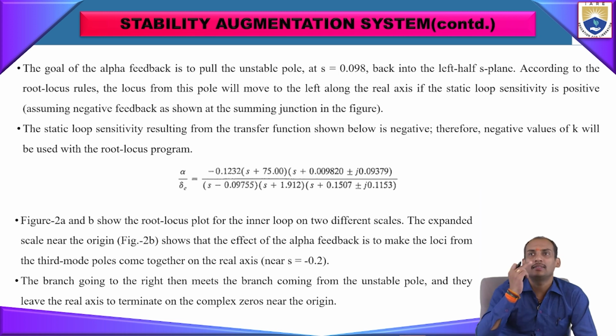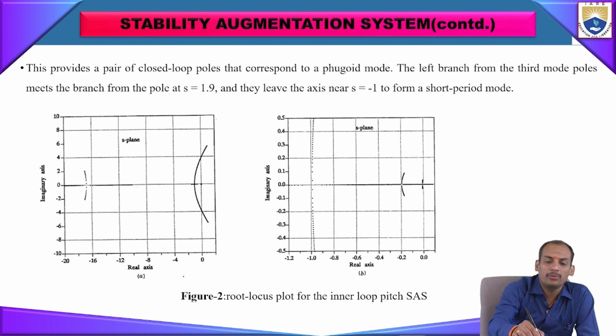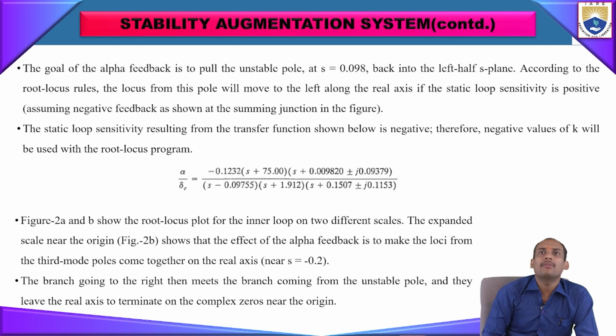If you see the figures here, the s plane root locus for A and B, we have seen that the left values have been pulled. The pole will move to the left along the real axis if the static loop sensitivity is positive.